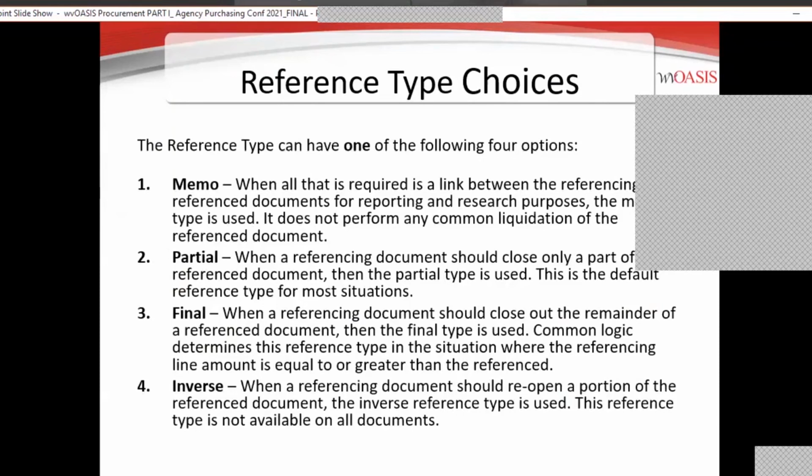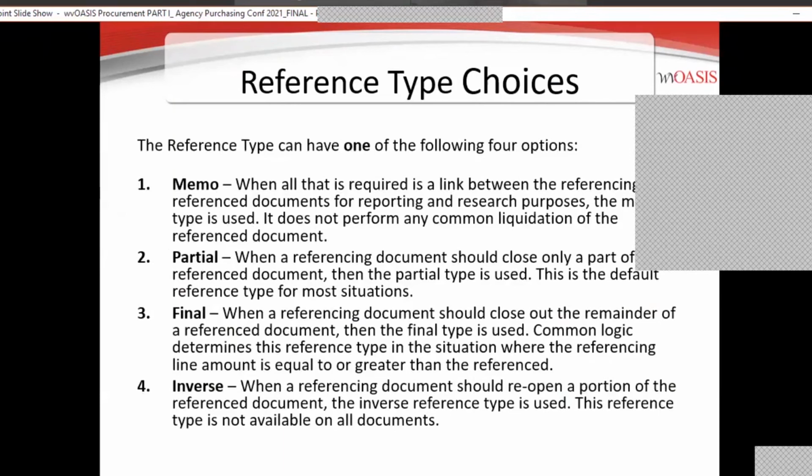Now, the partial and final, those are important when it comes to your procurement documents. On your award document, partial and final references back to the requisition. Also, in part 2 of today's session, we're going to talk a little bit about the post-award and the payment process and the importance of these line references, whether you're selecting partial or final.